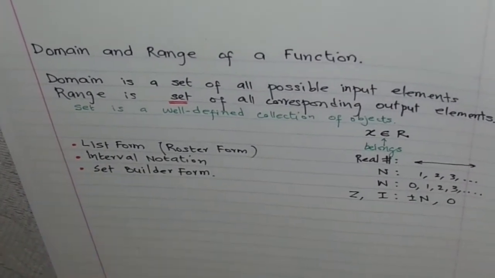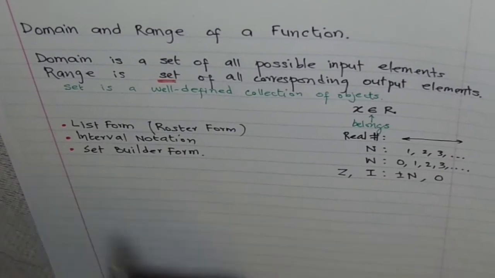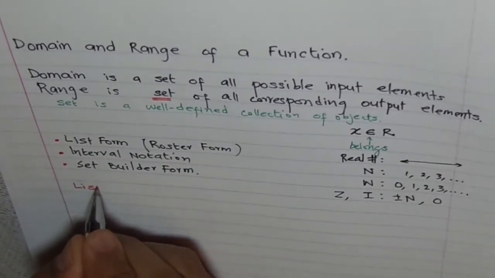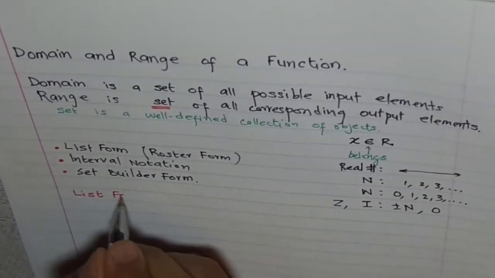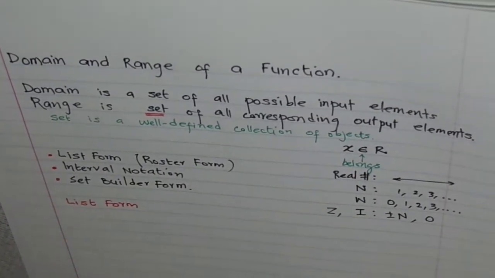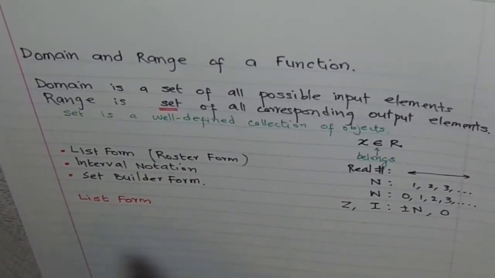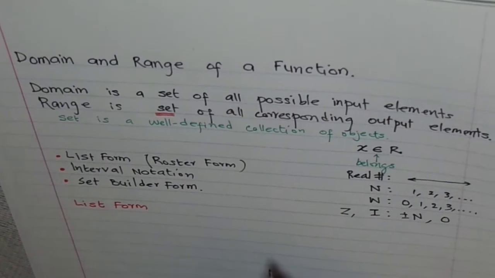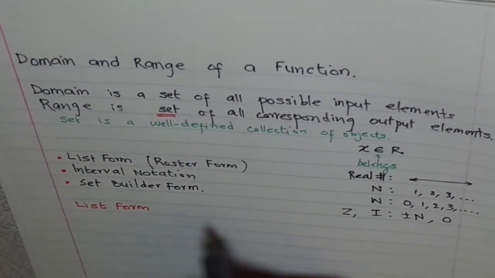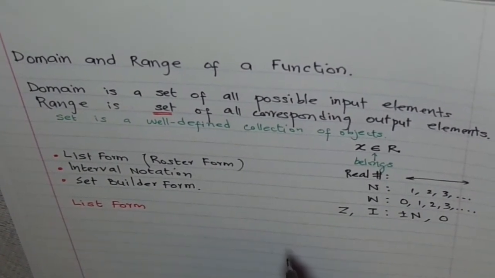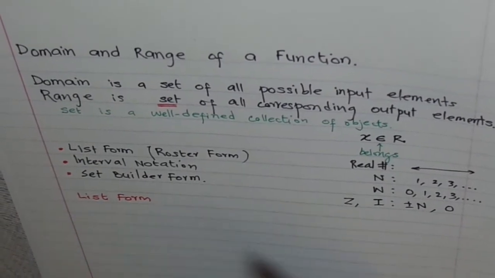Now, list form. List form is normally used wherever you have a list, like tables, right? In tables, we have a list where x values are given corresponding to y values. This is better to write in list form.